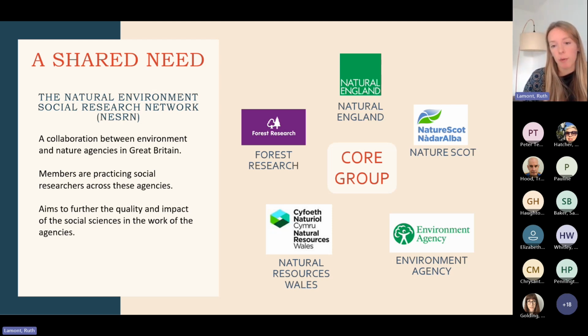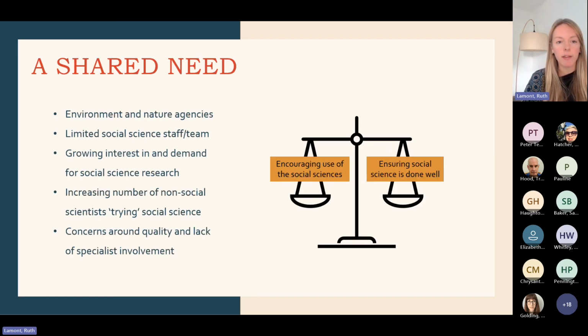But there's a much wider network as well that brings together lots of other agencies in a similar space. They all come and contribute to the network meetings, and together we're able to share our social science ideas, projects, resources, and so on. And it's through this network that we began to realise a bit of a shared need.